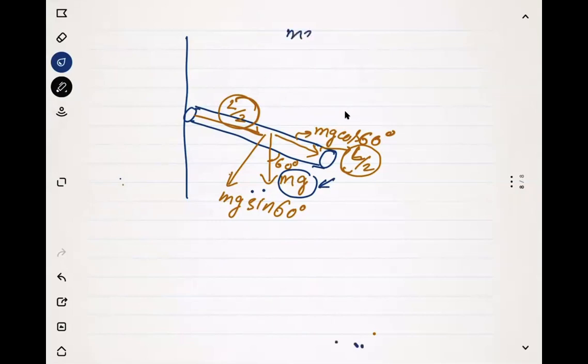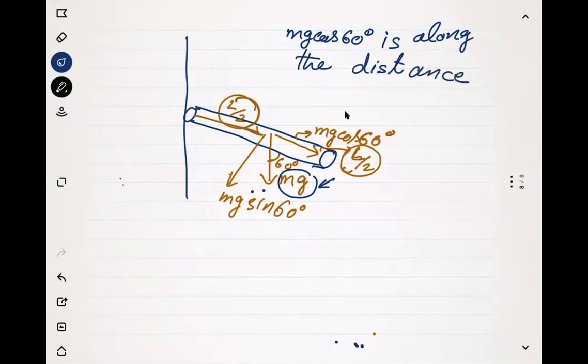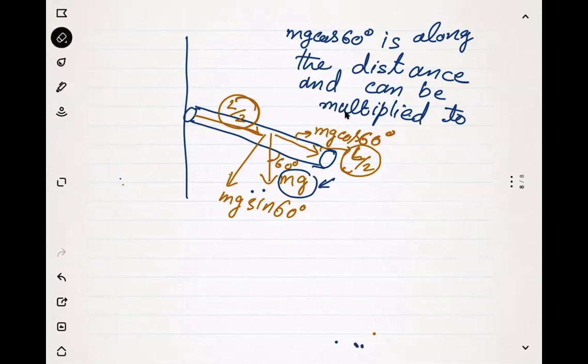Mg cos 60 is along the given distance, so it can be ignored.